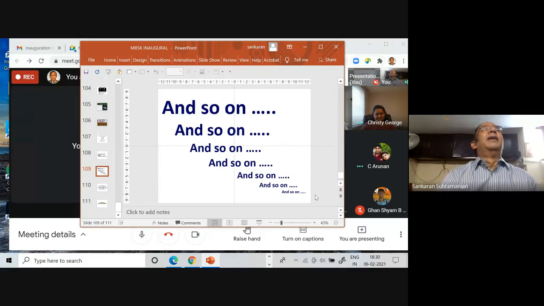I hope the society is able to definitely achieve all its vision and mission. And all the people who are in this field in the country also should contribute and help the society come up in its endeavors. So once again, very happy to inaugurate the Magnetic Resonance Society of Kerala, and once again grateful to people who gave me this opportunity.